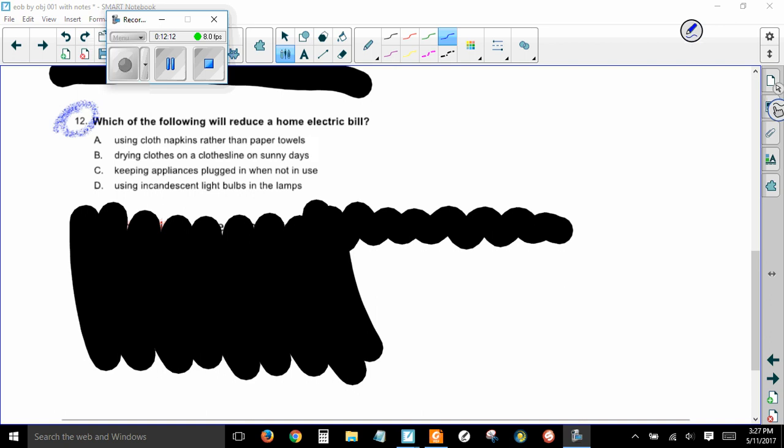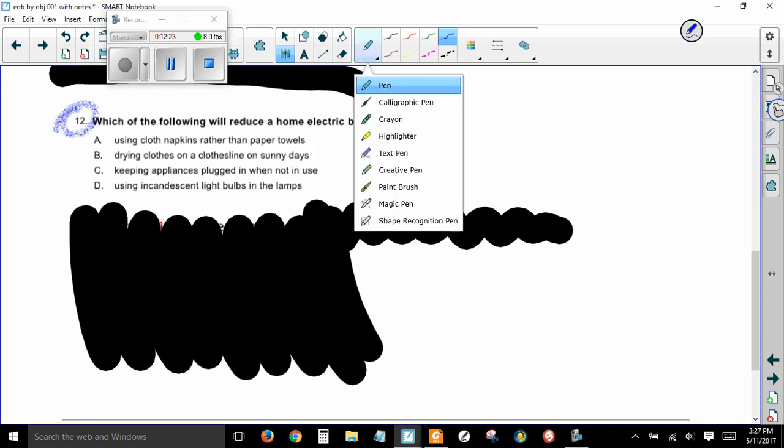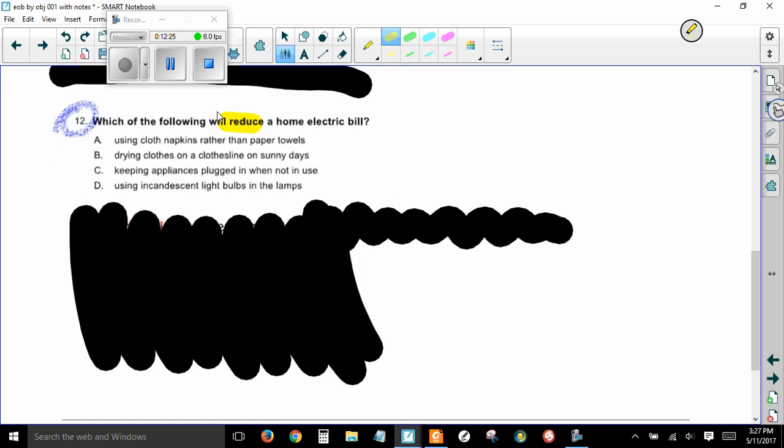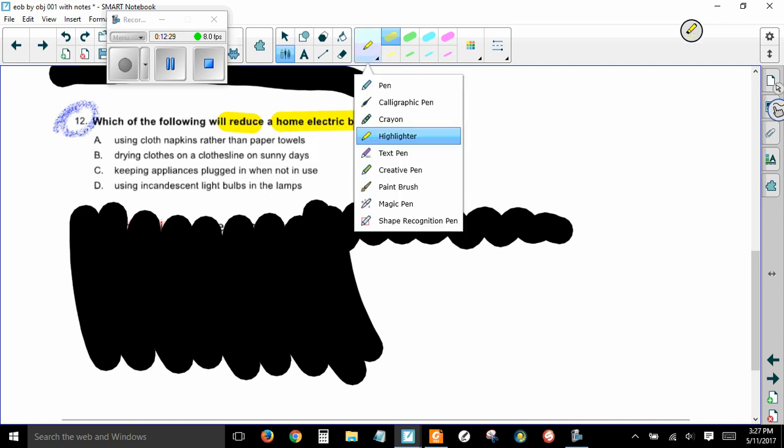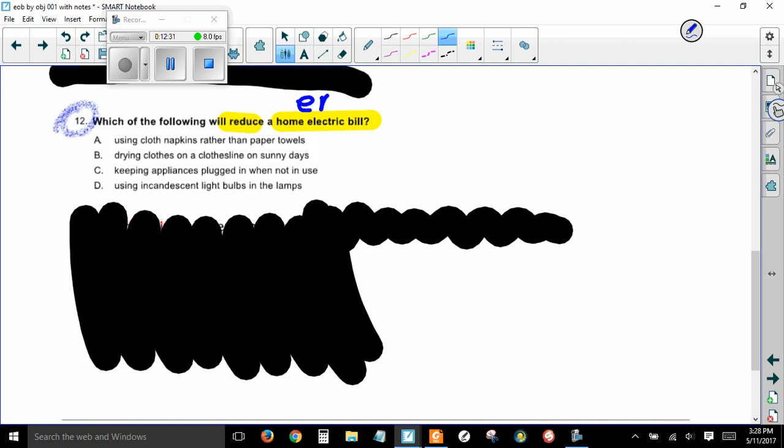All right, so another question that a lot of people missed. Which of the following will reduce a home electric bill? So we are trying to reduce, that's key word, we're trying to reduce home electric bill. Now me, when I read this, I'm going to replace that with energy in my brain.